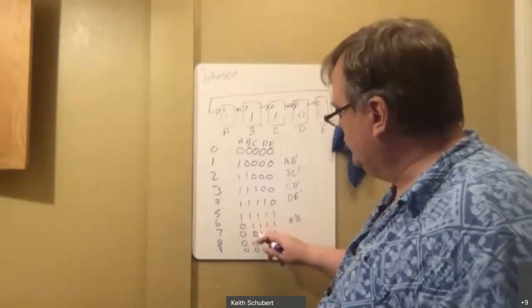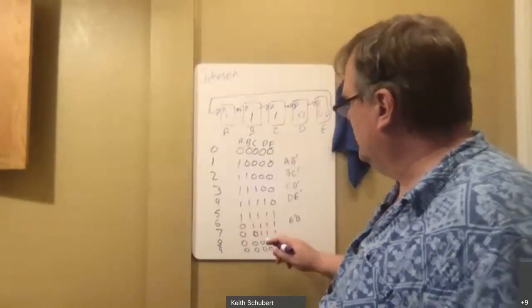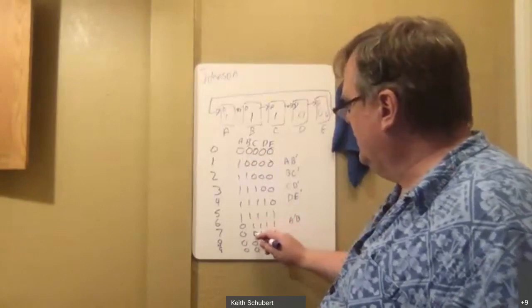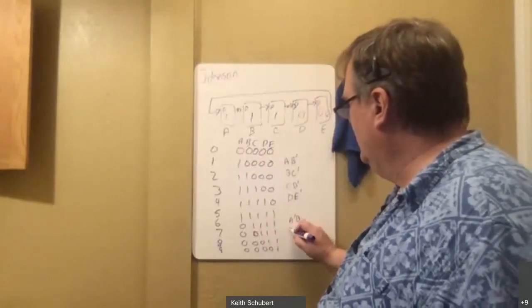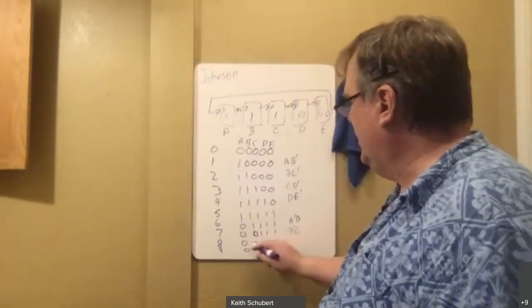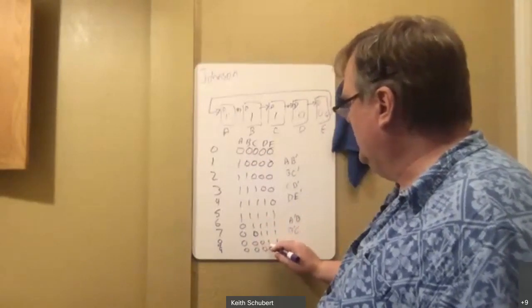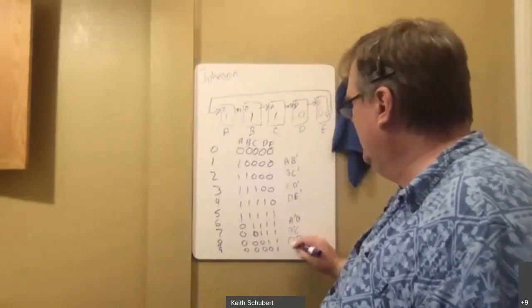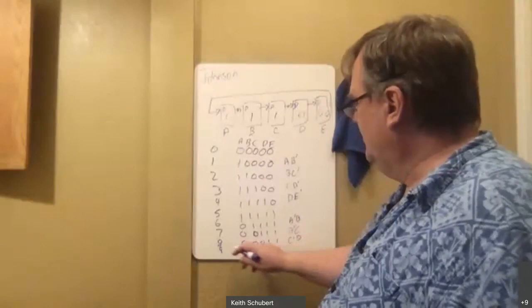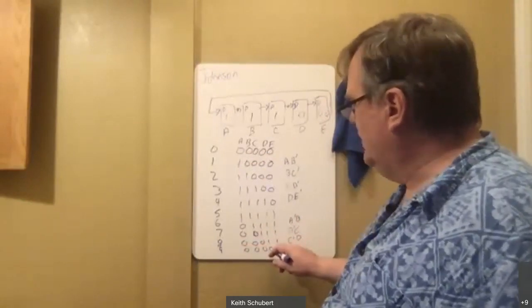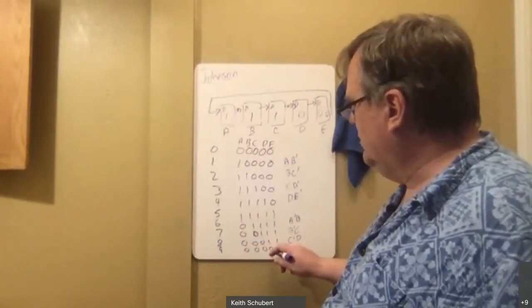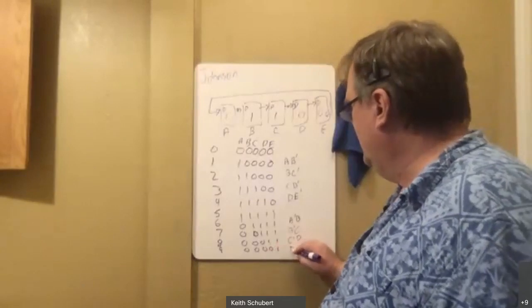So now I'm going to track the trailing edge. The zeros are coming in. So that's 7. This is 8, which is B prime C. 9 is between C and D. And that's 8. And then 9 happens when I'm between D and E.